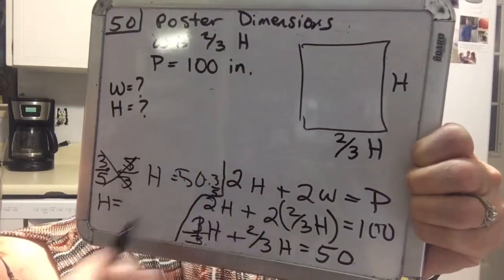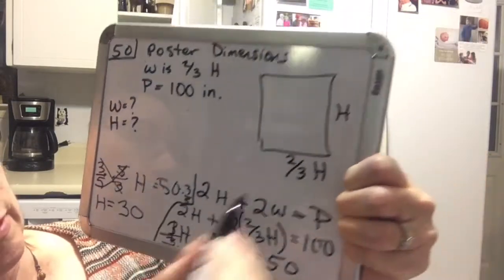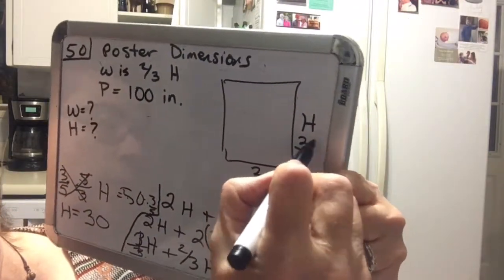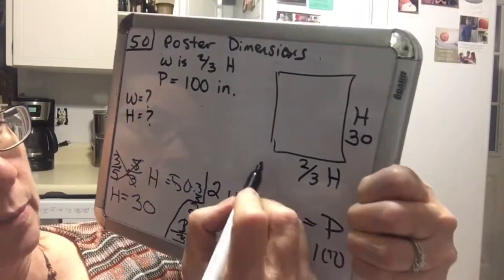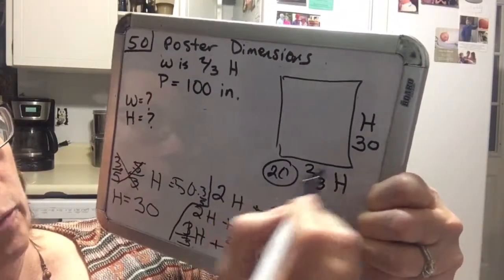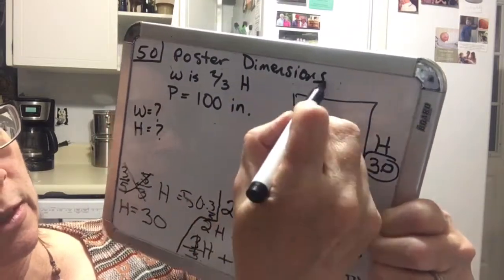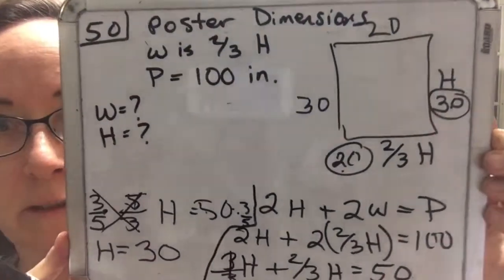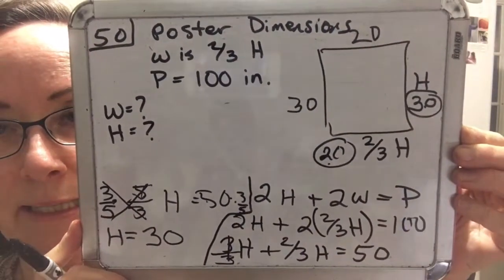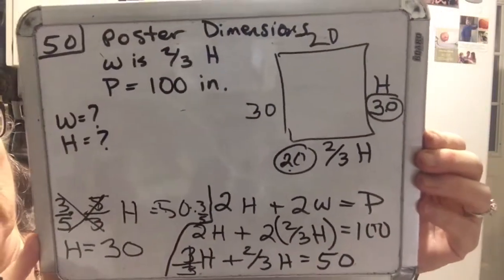The 50 and the 5 are going to cancel with a 10, and I'm going to get 30. So let's check it. Let's put 30 here for the height, and then 2/3 of 30 would be 20. And when I add a 30 and a 30 and a 20 and a 20, I do get 100. So that is problem number 50 on your homework.